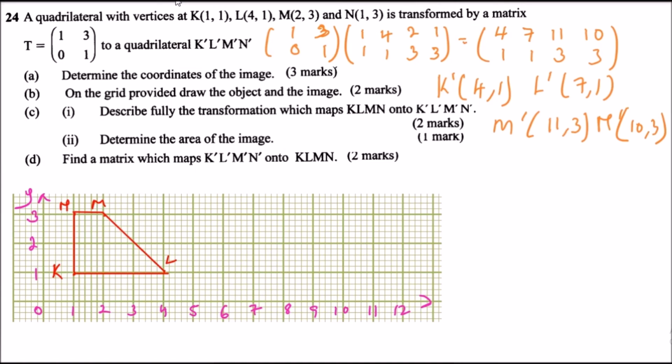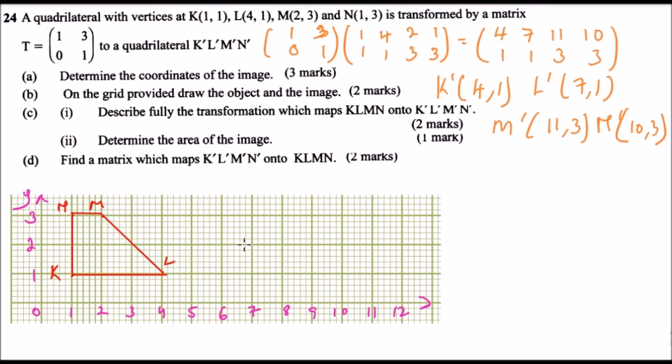And now you go ahead and identify the points of the image. So K prime is at 4, 1. That is the position of K prime.